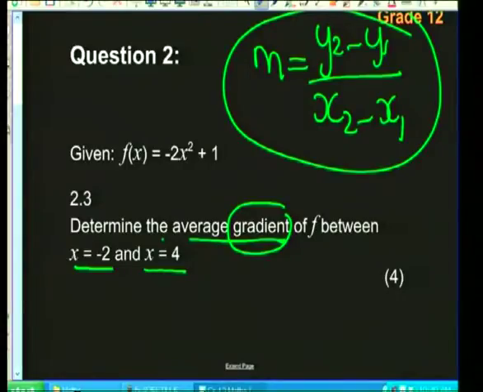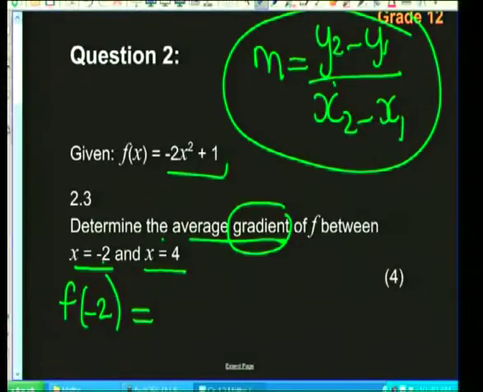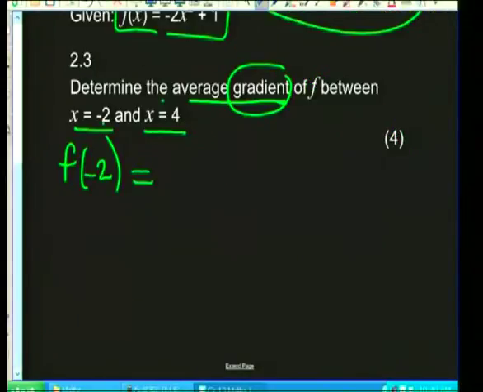So let's now find f at the first point, because we need to find our y coordinate that corresponds with that x. So f at negative 2. For every x we see in here, we substitute with negative 2. So then you have negative 2 times negative 2 squared plus 1.